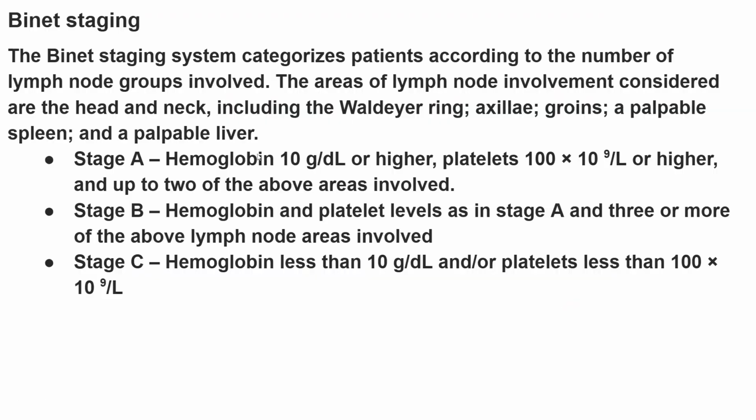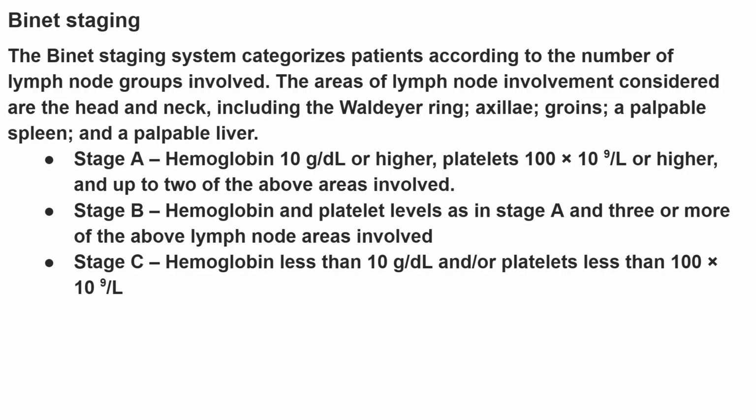There is another staging, the Binet staging, which is also a clinical method of staging the condition, which also helps in predictions. It depends upon the areas of lymph node involvement, considered as the head and neck, Waldeyer's ring in the oral cavity, axillae, groin or spleen. Stage A is when the hemoglobin is 10 gram or above and platelets are 100 times 10 to the 9 per liter or above.